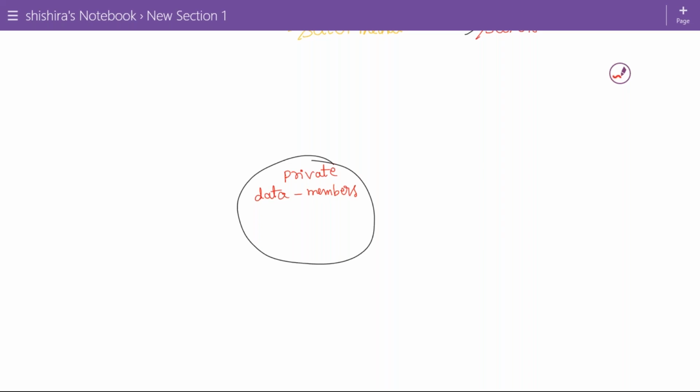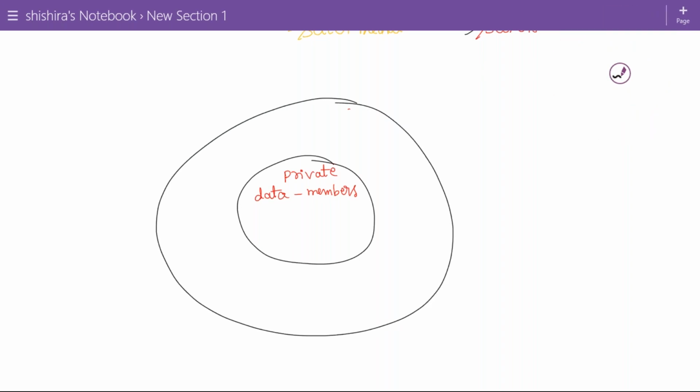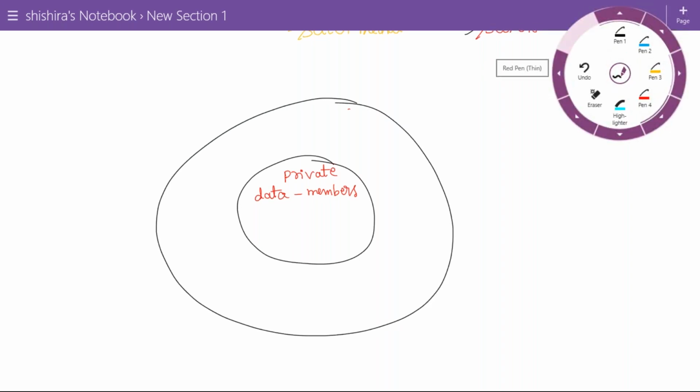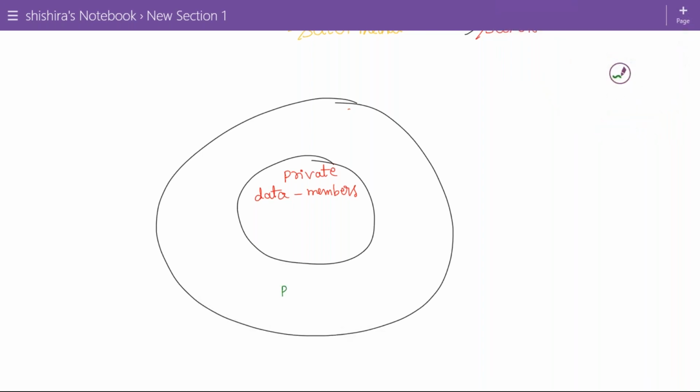Okay. So each data member must have public getter and setter methods.